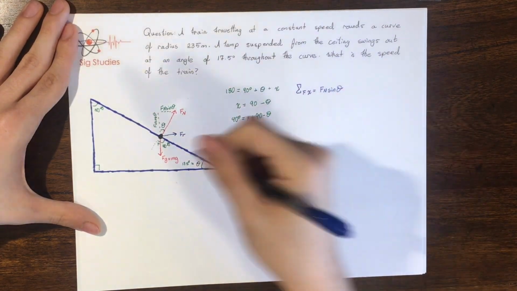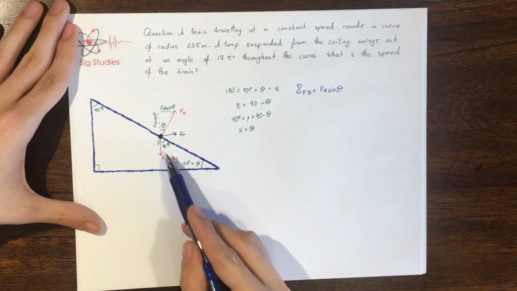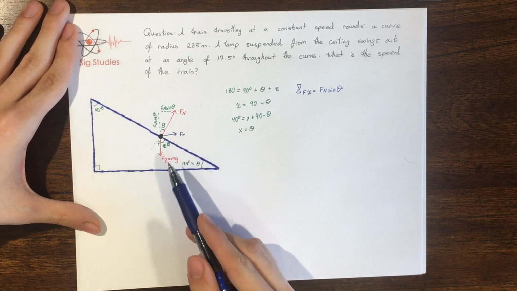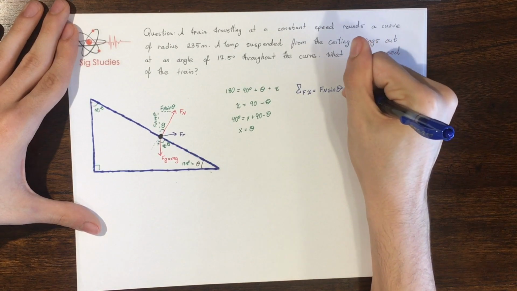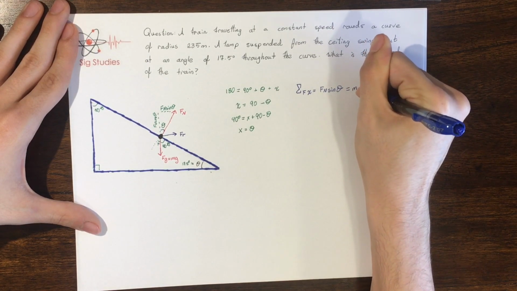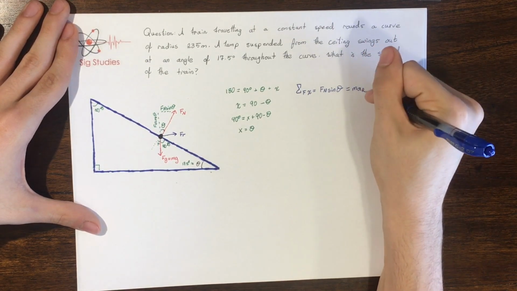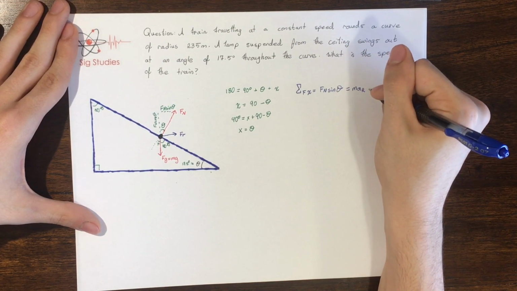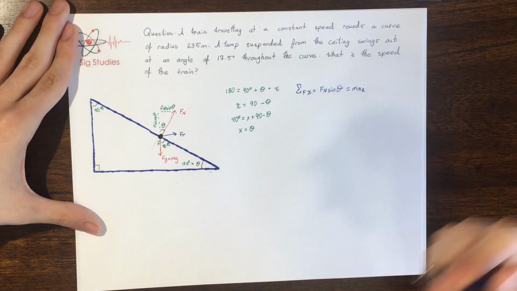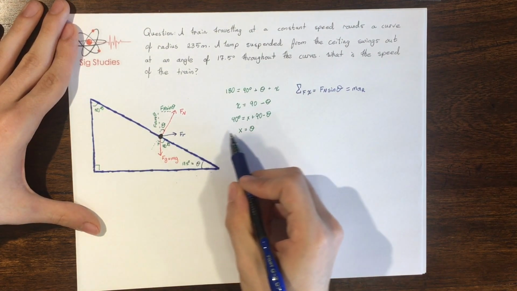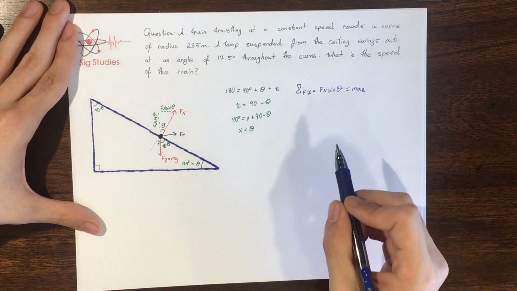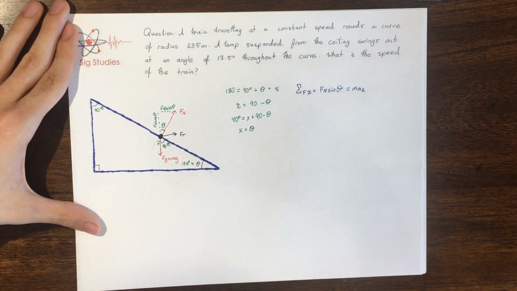So this is a positive force, and there's no other x force. The only other force is the force of gravity, and that acts straight down, so that's in the y direction. So Fn sine theta would be equal to m a_r, m being the mass, a_r being the centripetal or radial acceleration. The reason is that the acceleration, not the object itself, is pointing towards the center of the circle.